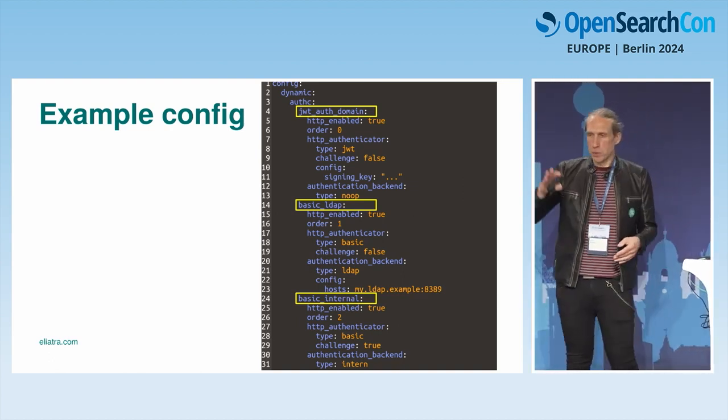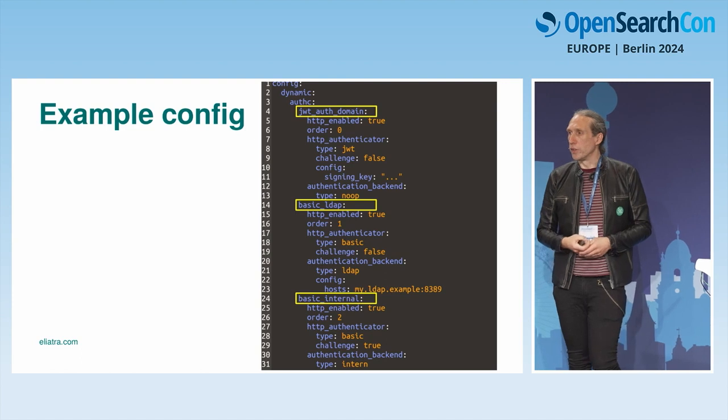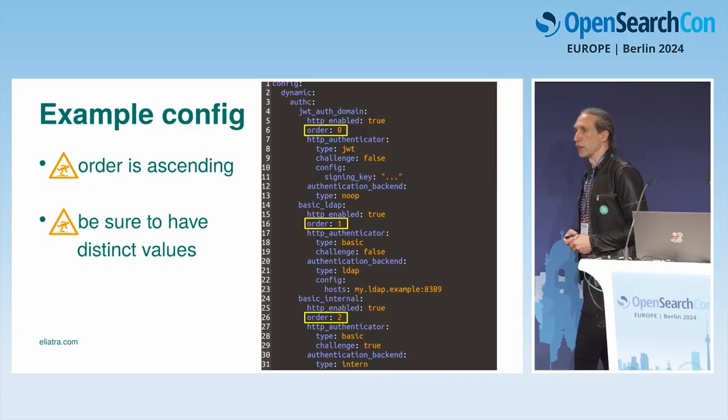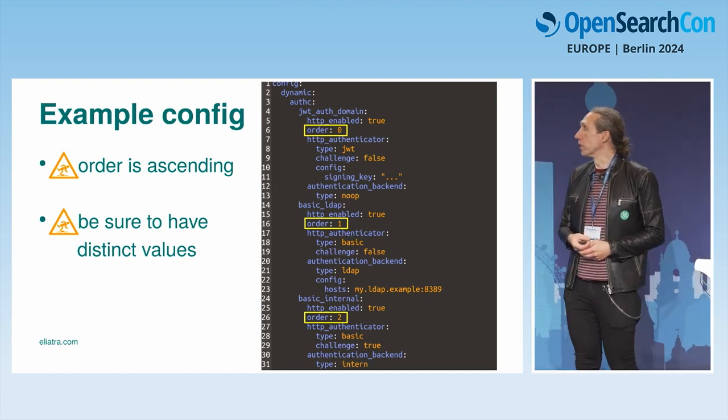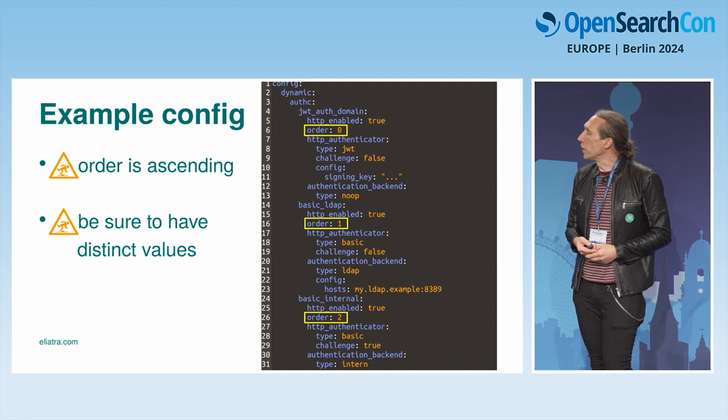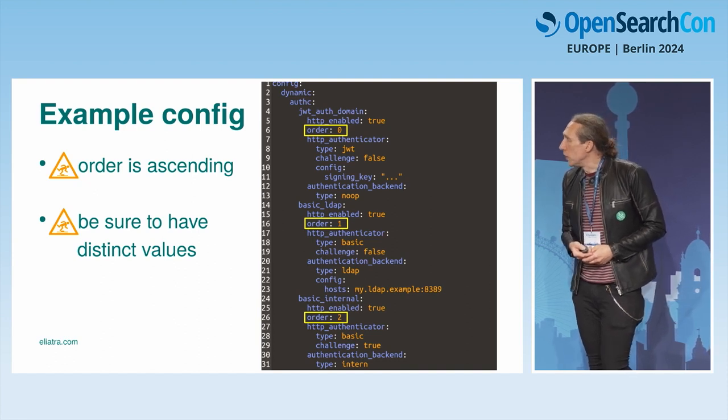That means we're going through these authentication domains one by one, and the first one who is successful in authenticating a user wins, kind of like. Of course, for this pattern, we need to define an order in which these authentication modules are checked. And yeah, this is done by the equally named attribute.